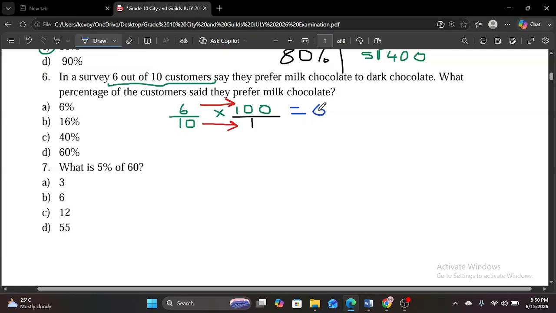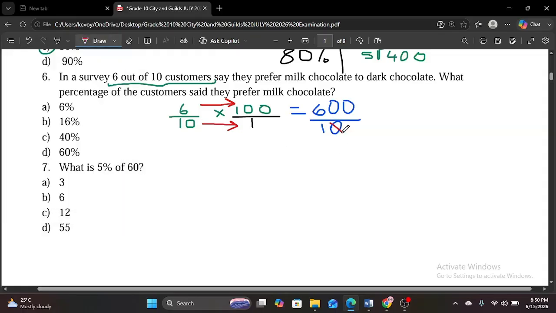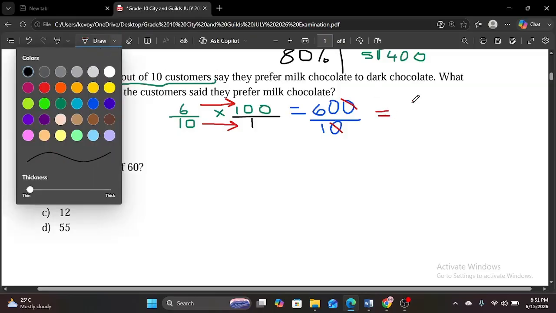So that's 600 over 10 times 1. That's going to be 10. And we just eliminate both the zeros from the bottom and the top. So that's going to cancel, cancel. After canceling the zeros from bottom and top, what we have remaining is just 60. So that's going to be 60%.